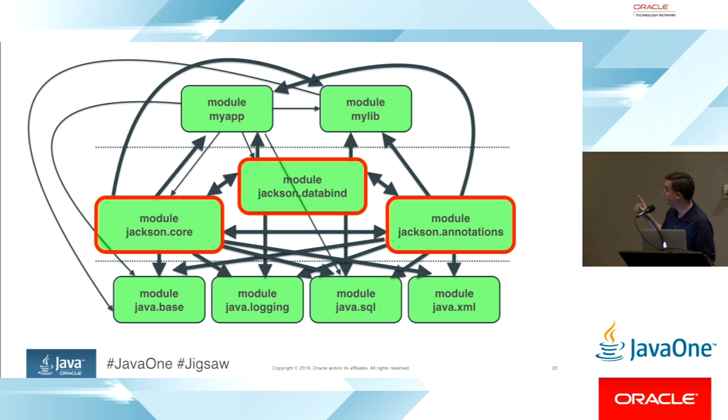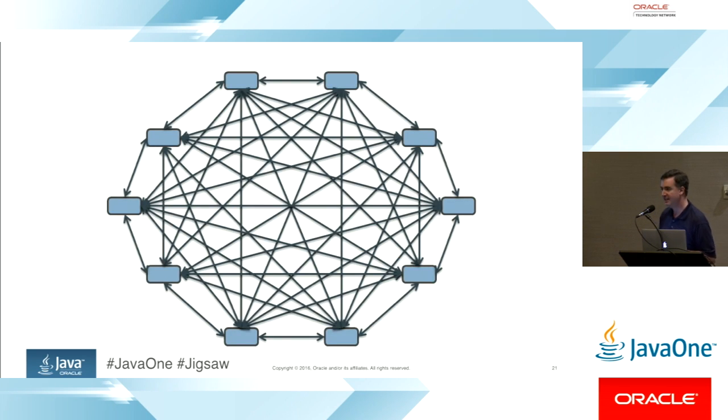On the class path, code in mylib.jar could access code in myapp.jar quite easily. It's just scan the class path until you find the class. And that kind of chaos is what causes maintenance headaches down the road. In fact, if you think about it, the class path is crazy. With just 10 jars, you get 100 possible ways for classes in those jars to interact.